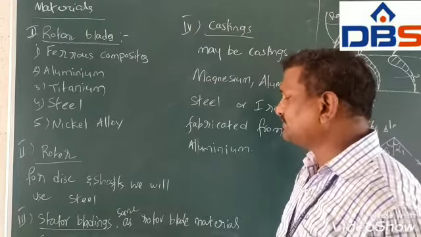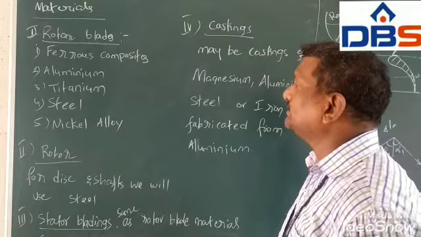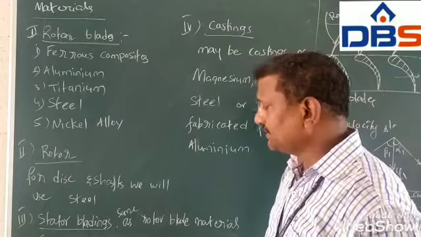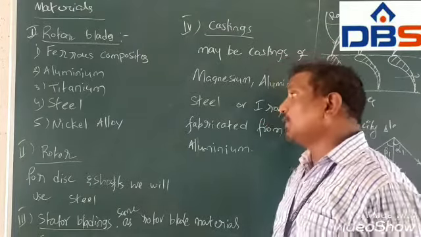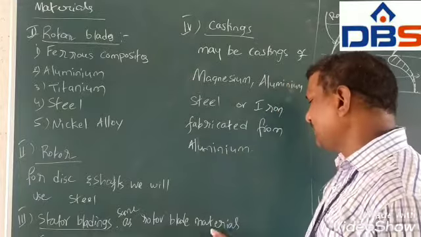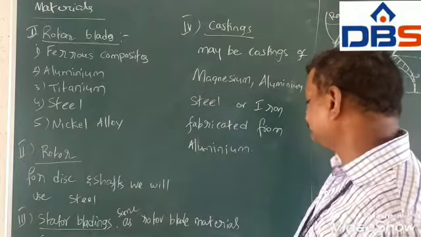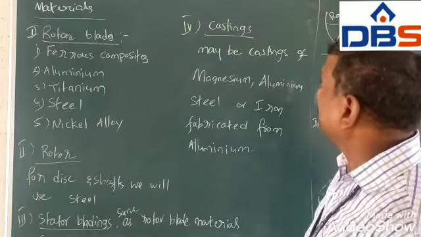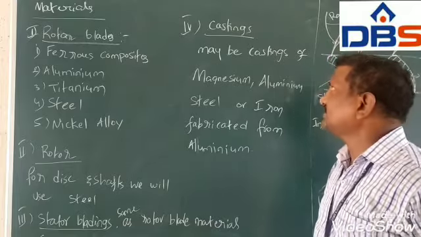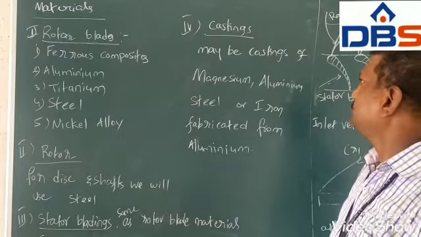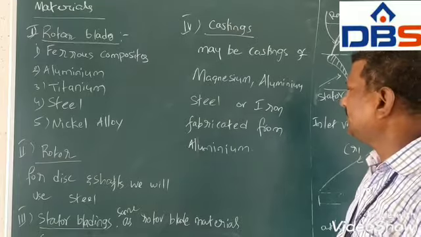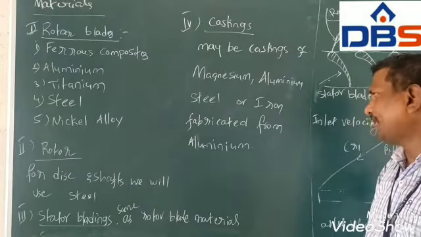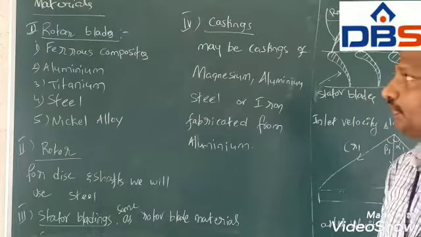For stator blades, whatever materials we use for the rotor blades, the same material can be used for the stator blades also. Along with that, we can use steel. And for castings, we may use magnesium, aluminium, steel, iron, and they are fabricated from aluminium.